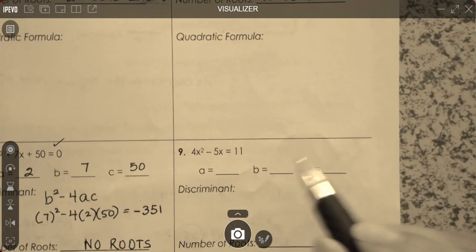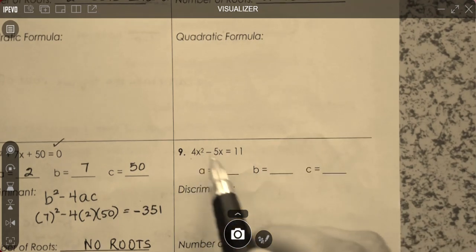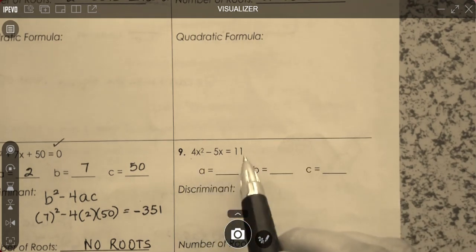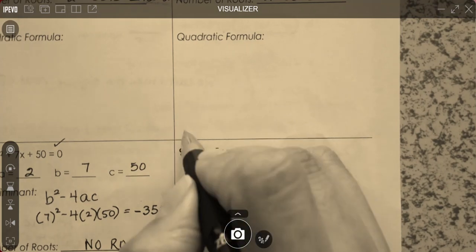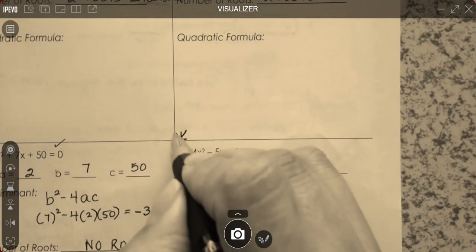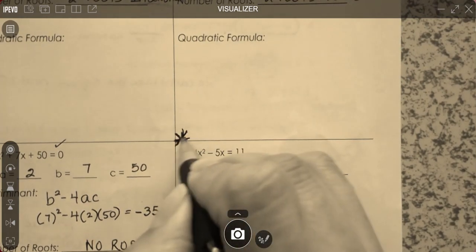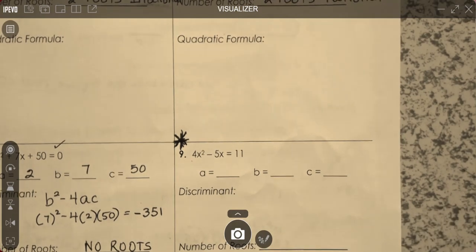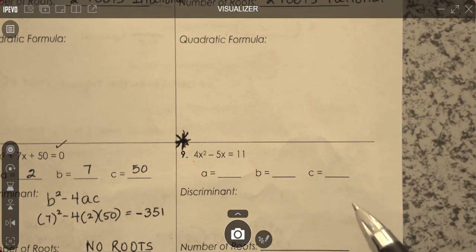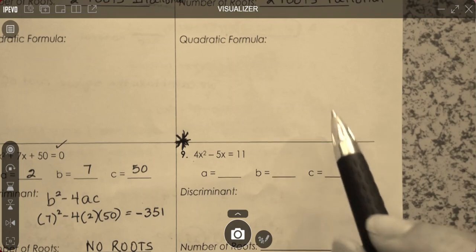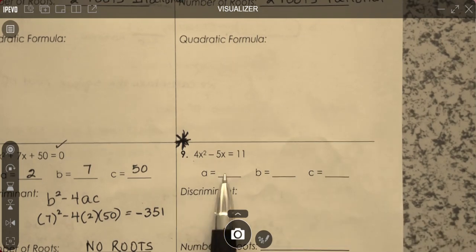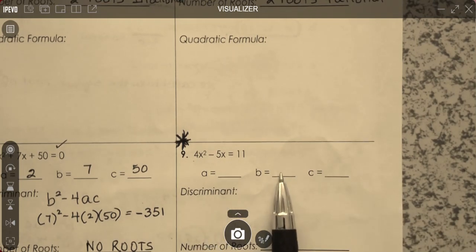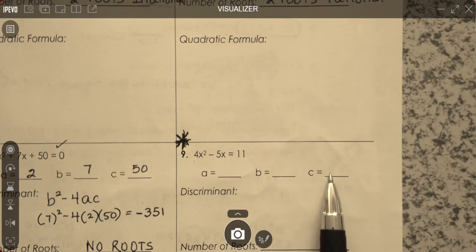All right, the last one says 4x squared minus 5x equals 11. So the good thing about this example is a student might forget that the equation has to equal 0. This one does not. If you don't move that 11, you might erroneously say that A is 4, B is negative 5, and that C is positive 11.